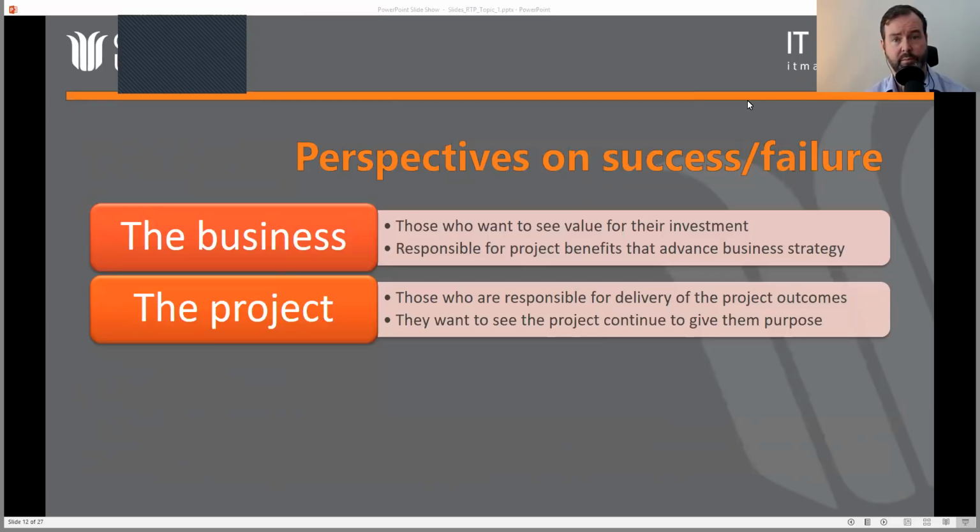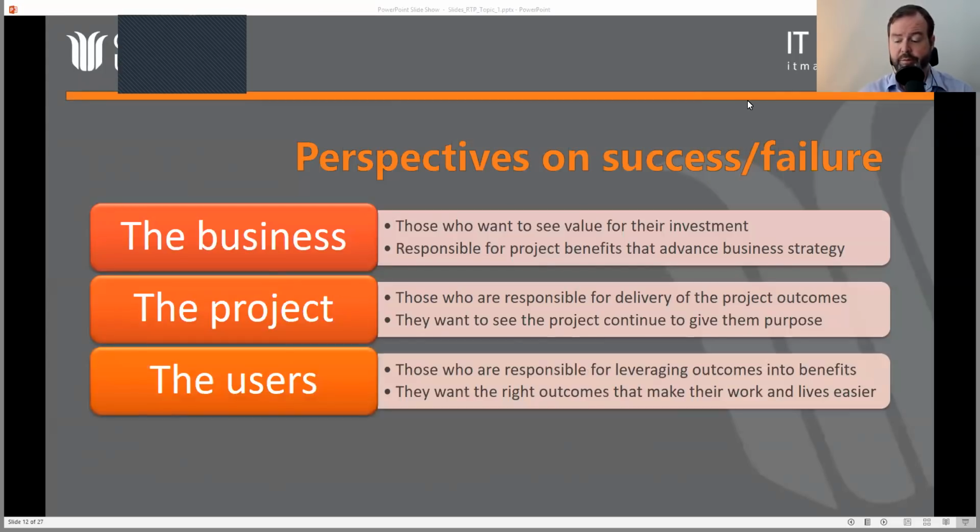Then you have the users' perspective. These are the people who have to take what gets built and then do something useful with it. Their role is to convert the outcome of the project into value.